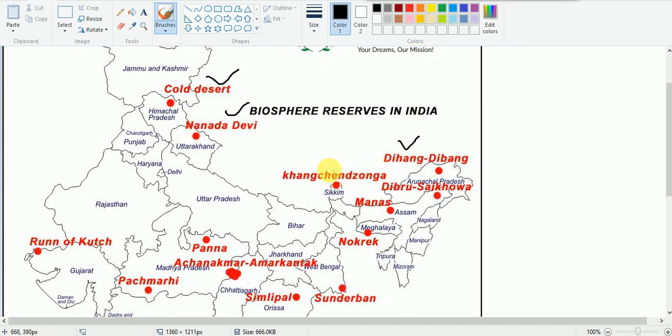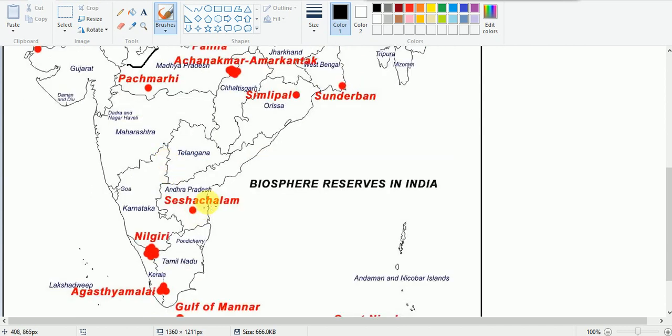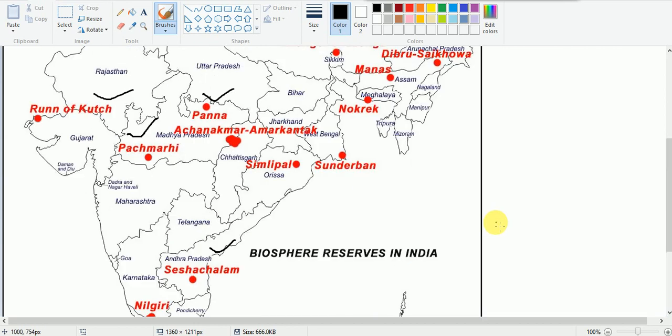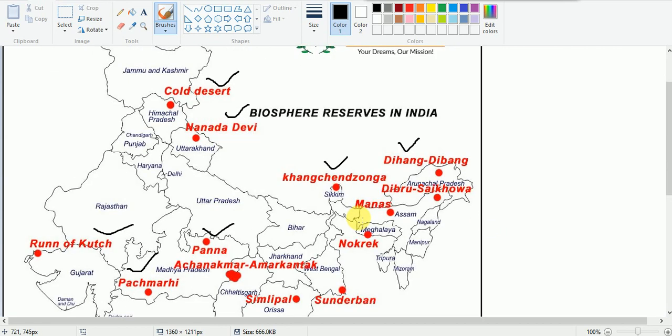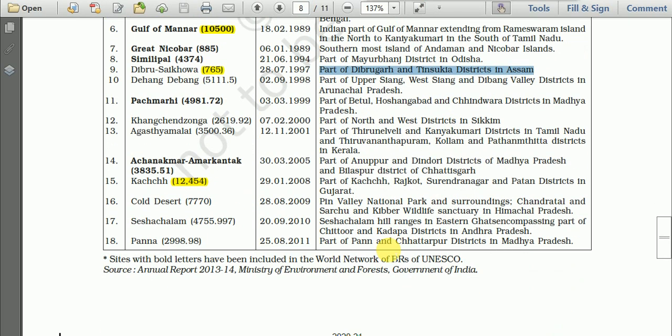Dihang Dibang, this is Kanchenjunga, and Panna is here, Pachmarhi, Rann of Kutch, then Seshachalam, then Agasthyamalai, others, and Great Nicobar. So these are the locations of the biosphere reserves. So let us continue.